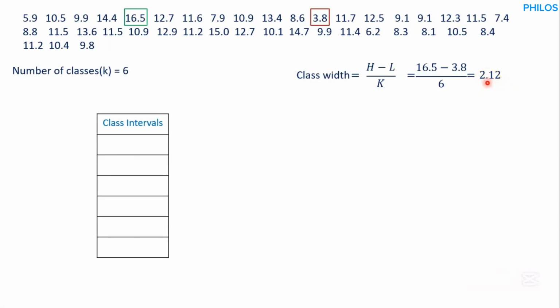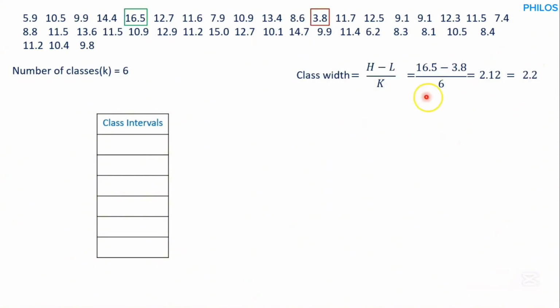So if you wanted to follow the general principle of approximation, this 2.12 should have been 2.1. But you are not going to follow that principle here. In this particular topic, the class width, don't follow that principle. You have to round it up. So we want to round it up to 1 decimal place, so we round it to 2.2, not 2.1. Now we know the class width to be 2.2.